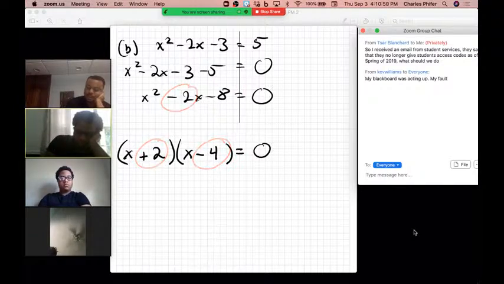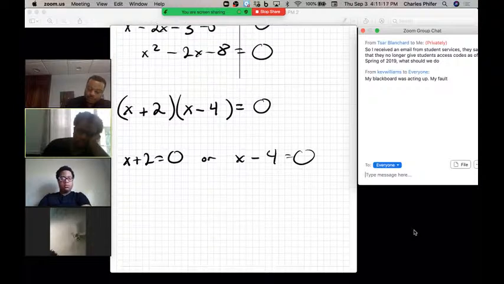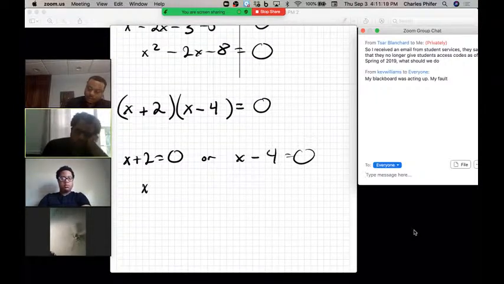So then at this stage, we're invoking a technique called the zero factor property. When we have two or more things that multiply to give us 0, then we just set each thing to 0 and solve, right? We're going to have x plus 2 equals 0, or x minus 4 equals 0. So then we get x equals -2, or x equals 4.